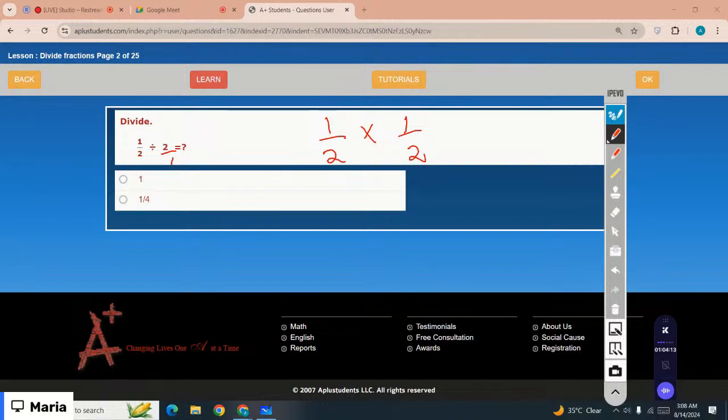So yes, that is 1 over 4. Option number 2 is the correct option. Very good.